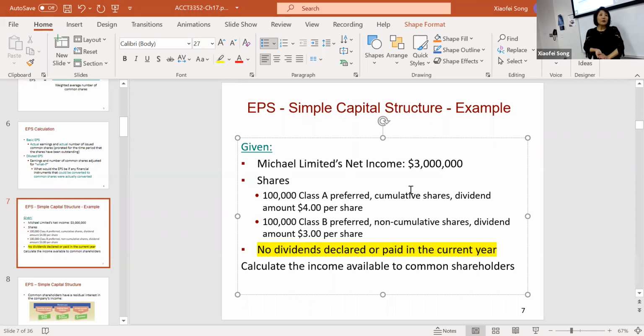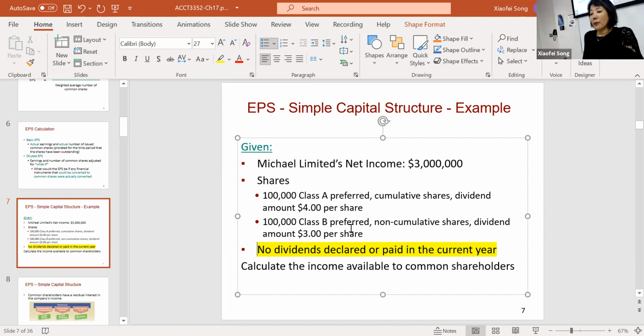Now we know for cumulative preferred shares, this dividend will become dividend in arrears and carried forward. So class A preferred shareholders will get this dividend before common shares get any dividends. That's what cumulative means, right? If it's not paid, it will be accumulated.